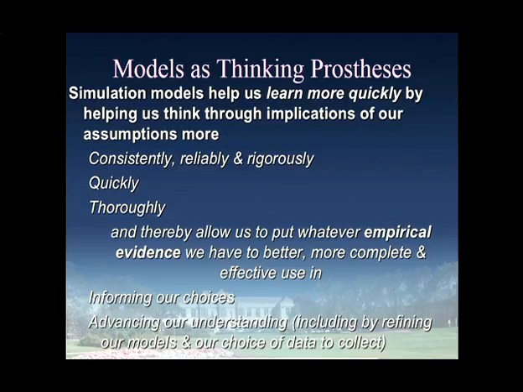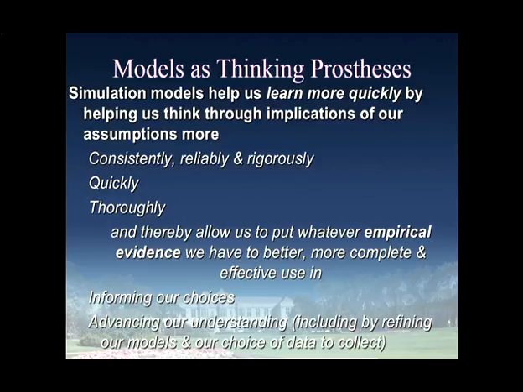Computers are horrible at a lot of things. One of the things they're good at is doing simple, dumb things quickly. And one of these dumb things is to simulate out the consequences of a theory that's articulated precisely. By helping us simulate this out, they can help us spot inconsistencies between what the model posits, represents, and theorizes on the one hand, versus what empirical evidence suggests on the other.